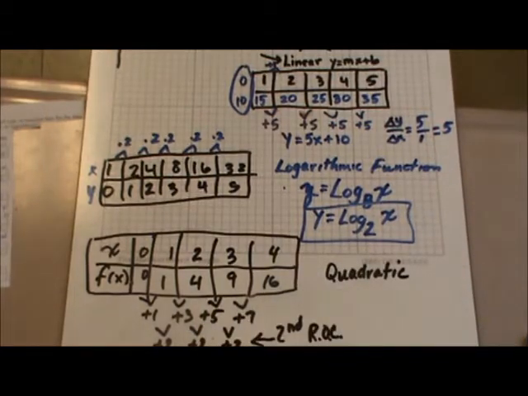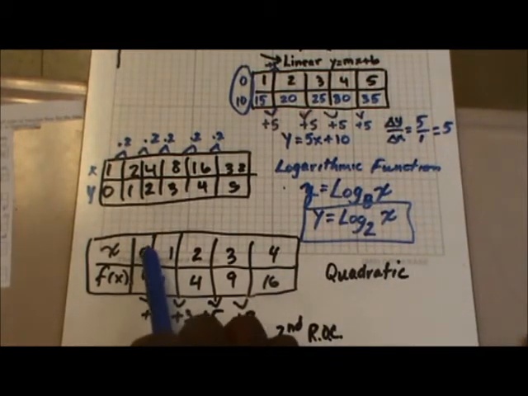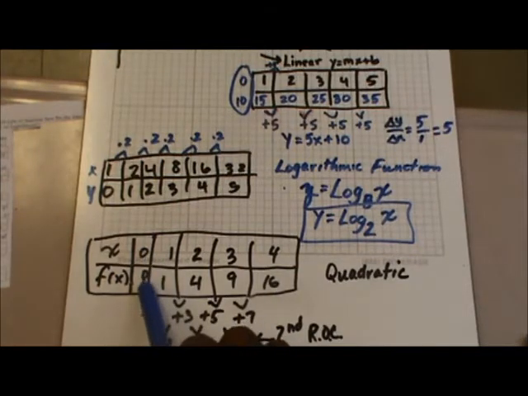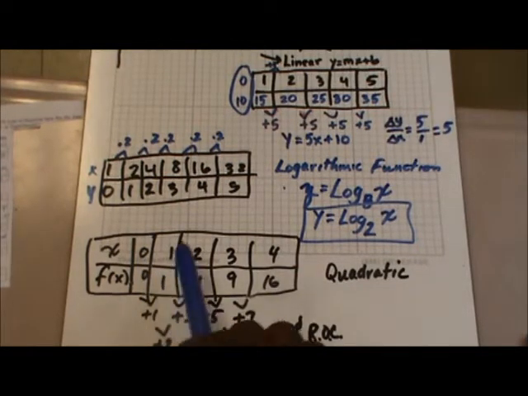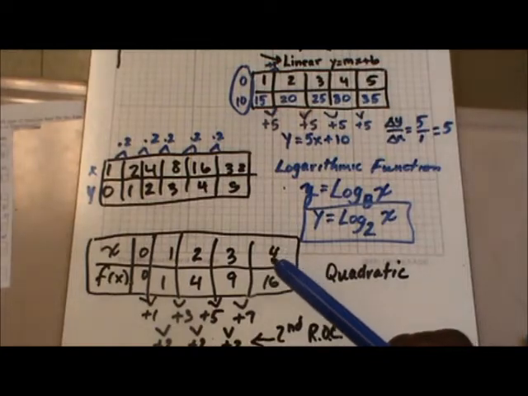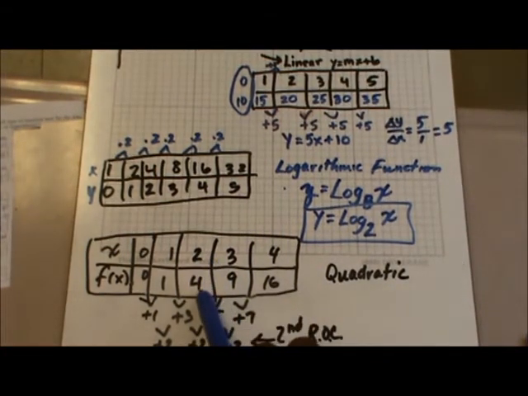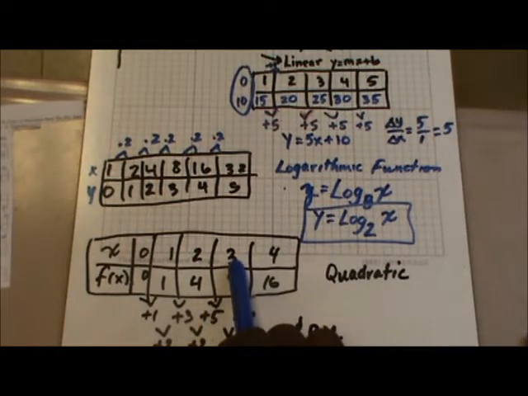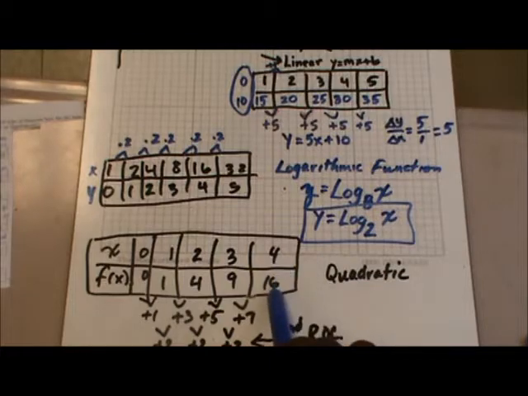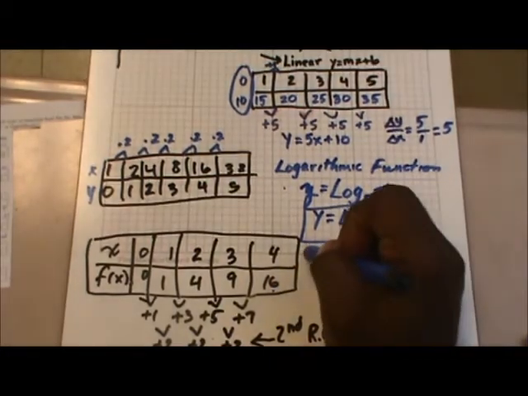Now, let's think of an easier way we can look at this. If my input is 0, my output is 0. My input is 1, my output is 1. It really doesn't tell us anything. My input is 2, but my output is 4. My input is 3, my output is 9. My input is 4, my output is 16. What's going on?